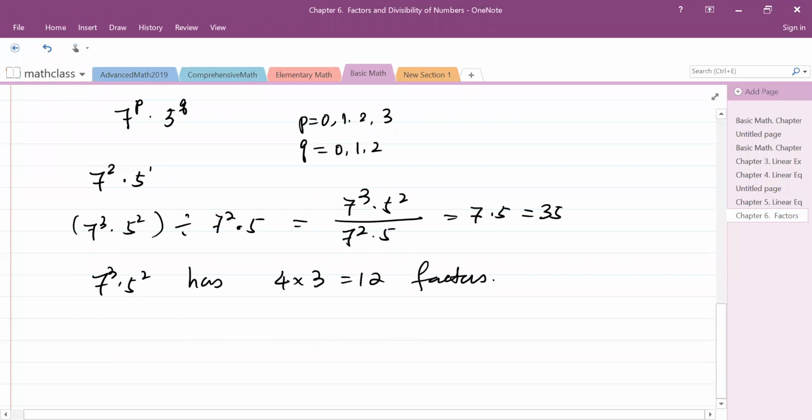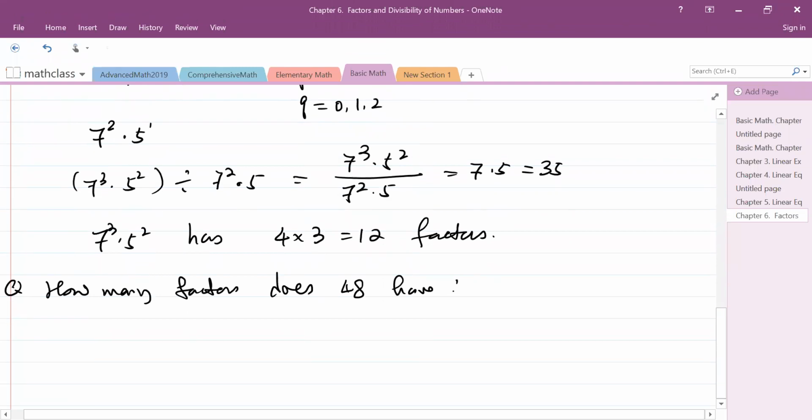Okay. So I'm going to ask you to solve the following problem. How many factors does 48 have? Yeah, please try to do this.